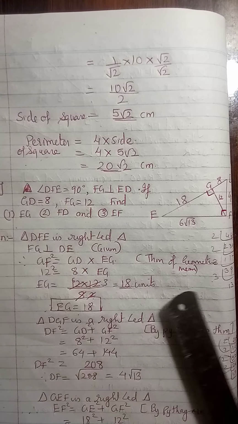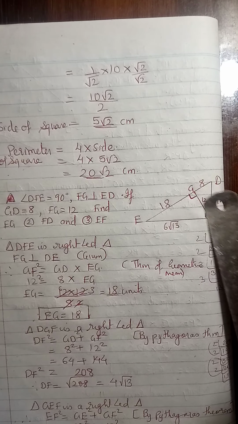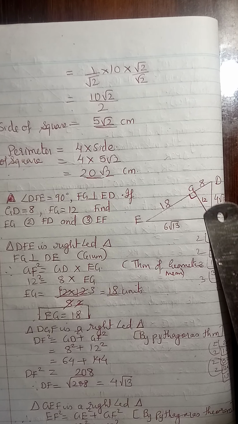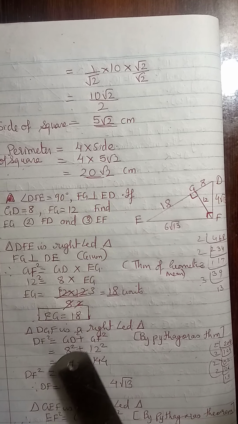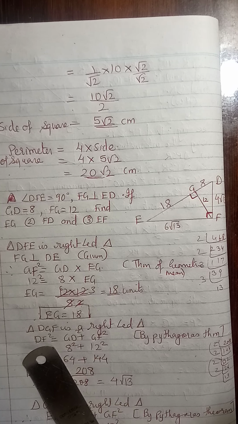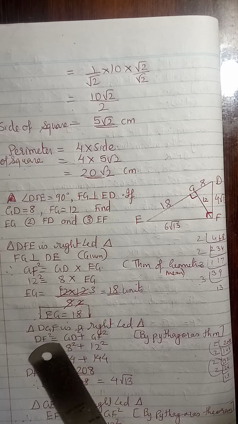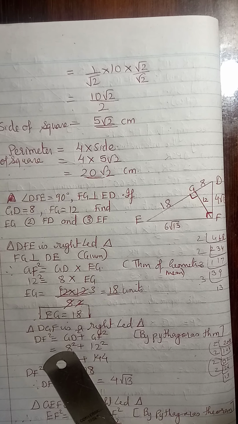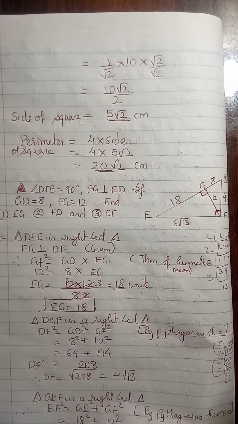Triangle DGF is a right angled triangle. Two sides we already know, 8 and 12. So with the help of Pythagoras theorem we can find the third side. DF square, that is hypotenuse square, equals the squares of the remaining two sides, that is GD square plus GF square, that is 8 square plus 12 square. 8 square is 64, 12 square is 144.